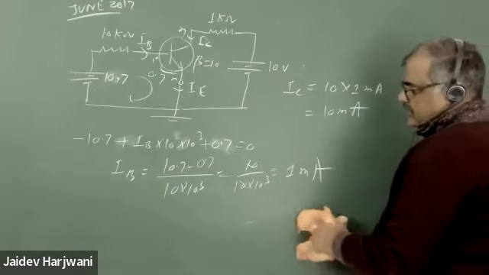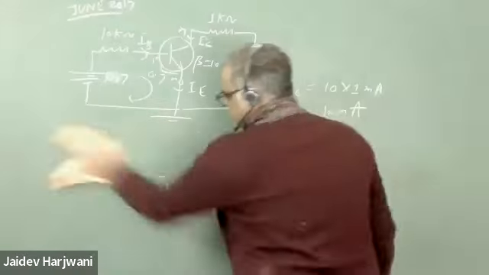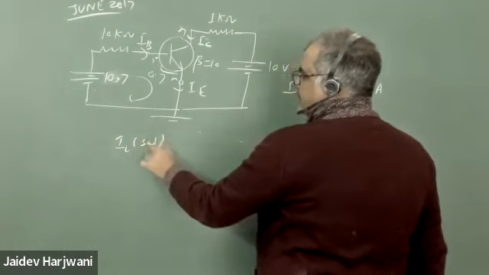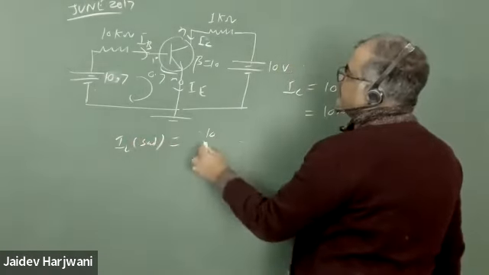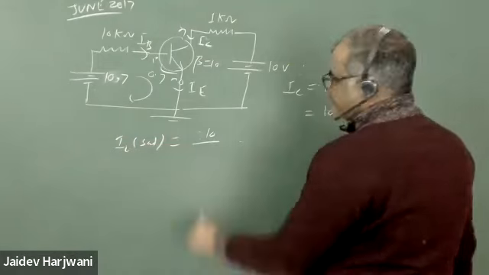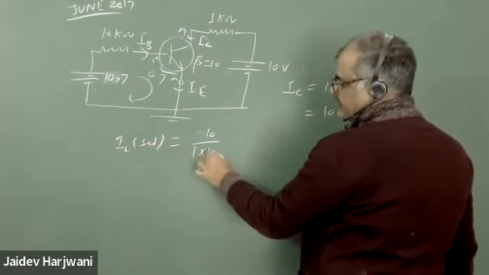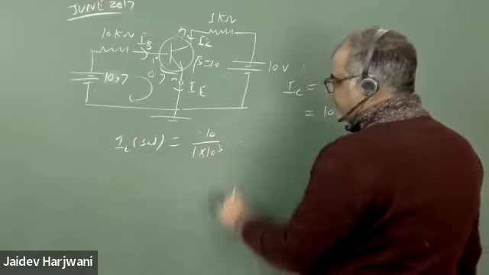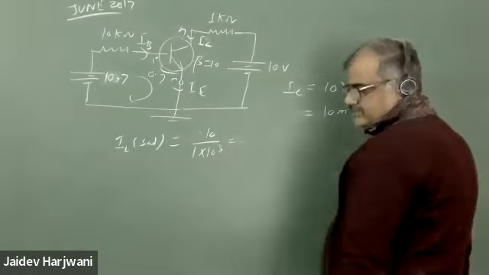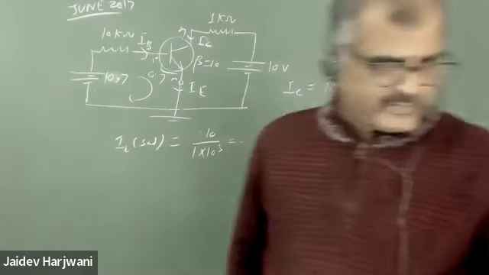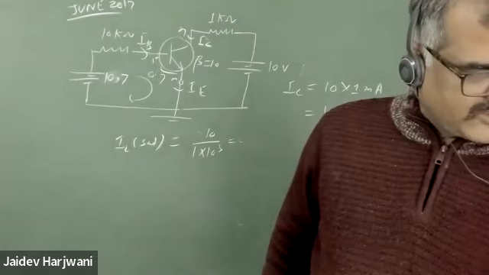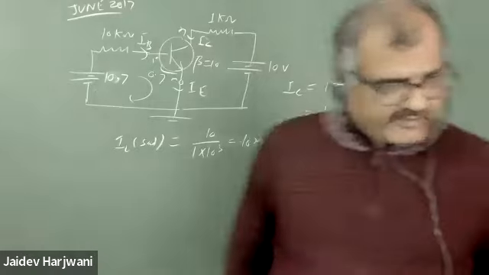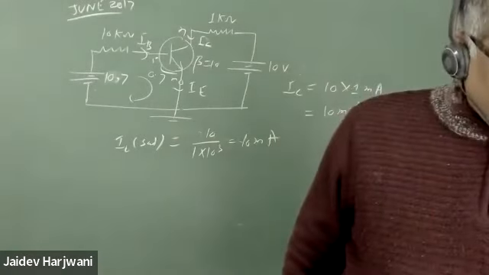Now you want to find out IC saturation, and IC saturation is nothing but 10 upon 1 kilo ohm. What is the value? 10 milliampere. This is also coming 10 milliampere. So both become the same in this particular question, isn't it?